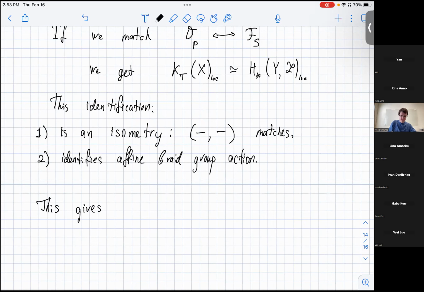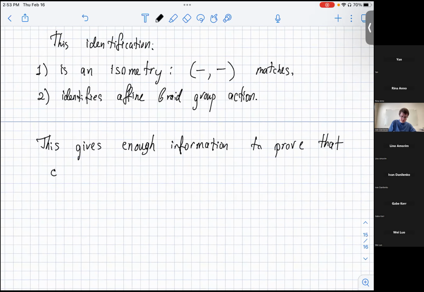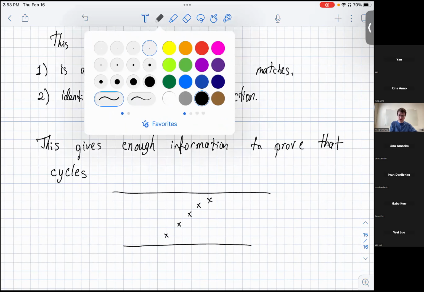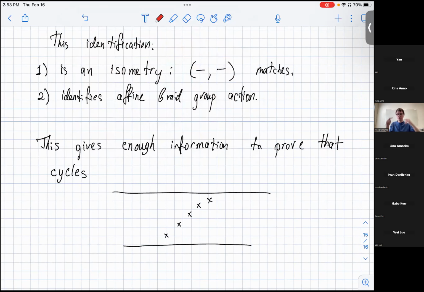And this information gives enough information to prove that cycles, so again, they'll correspond to some choice of my punctures. But now I'll go not around the cylinder, I'll go to infinity.